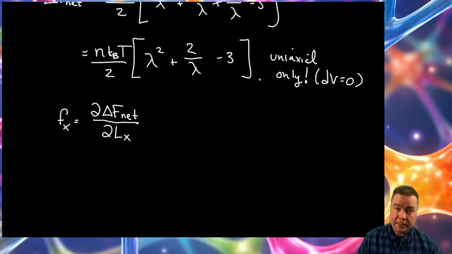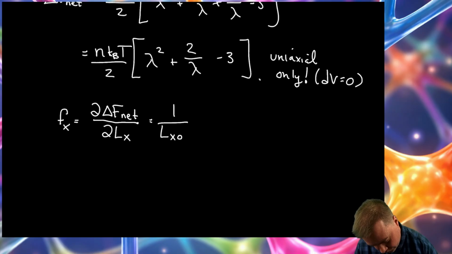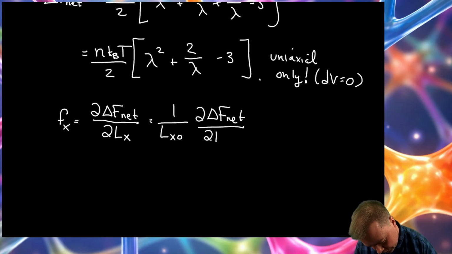And we know that Lx is equal to lambda x times Lx0, and Lx0 is a constant, right? That's the initial length in the x direction. So this is the same thing as 1 over Lx0 times the derivative of delta F network with respect to, oh, sorry, not Lx0, but with respect to lambda.